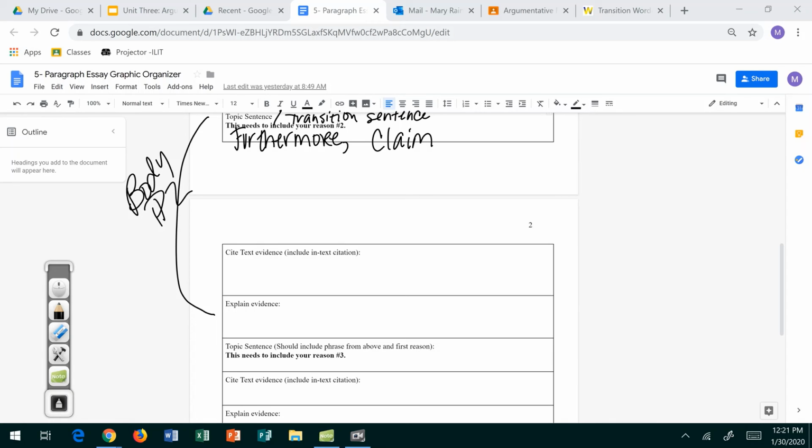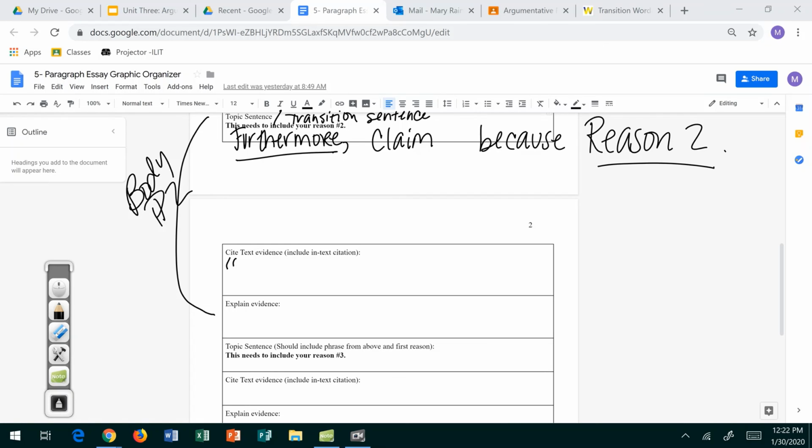So you can copy and paste it essentially, but you just have to make sure you have a different transitional word or phrase, and the other part that's different is going to be for the second paragraph, you need reason 2. You should not restate your reason 1. That's it, and it's one sentence. Same thing with the cite text evidence.